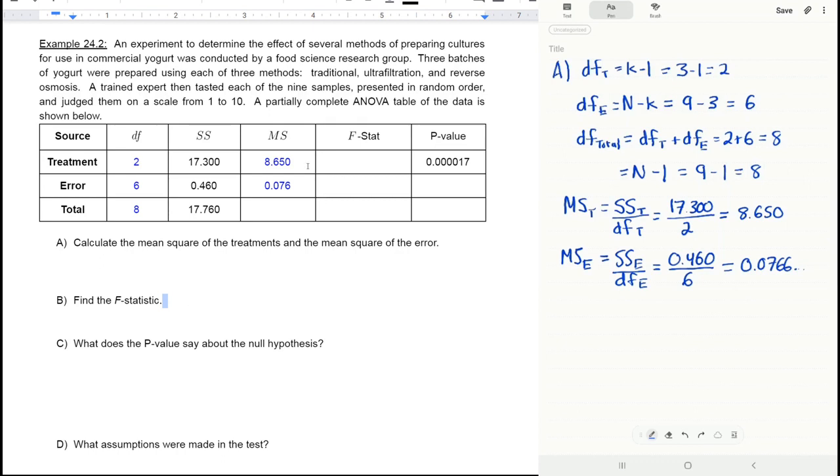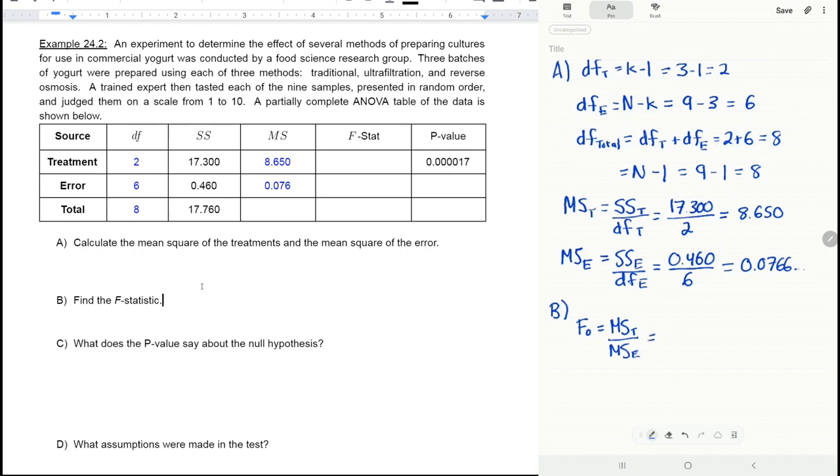Okay, so now we can use the mean squares to calculate the F statistic. The F statistic is the treatment mean square divided by the error mean square.